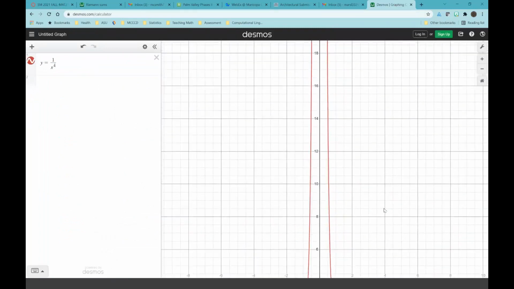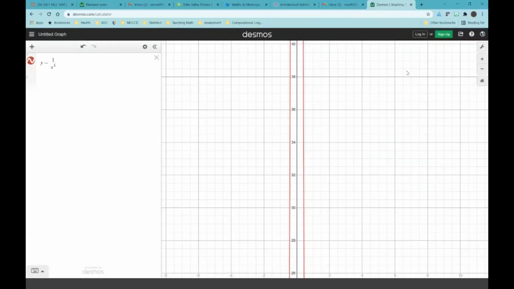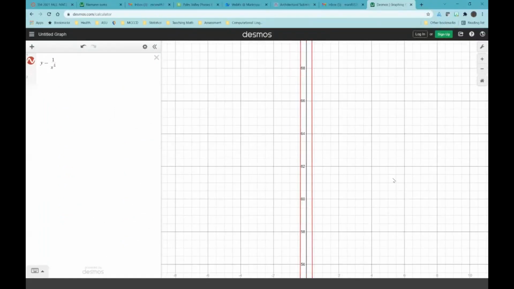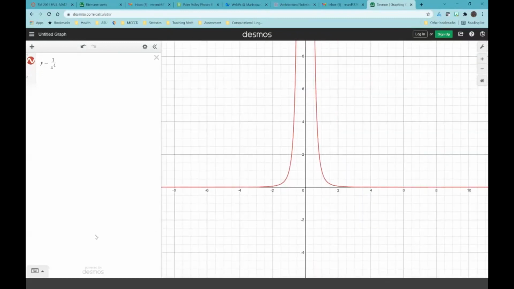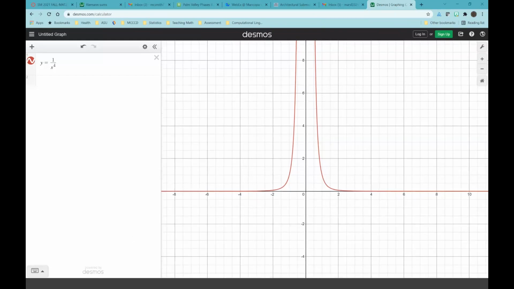What do you think about that? Will the area under this curve from x equals -2 to 1 be bounded? In other words, is it finite or does it go on forever?